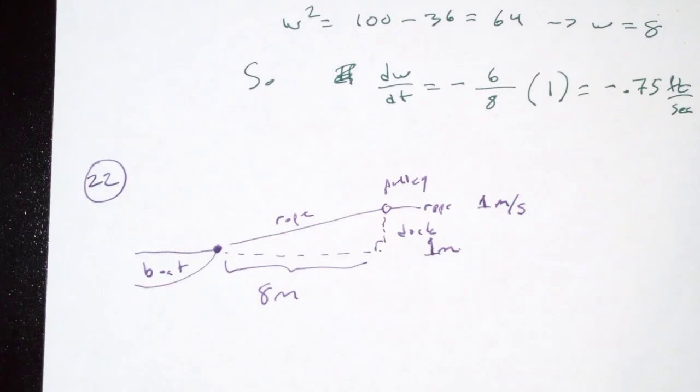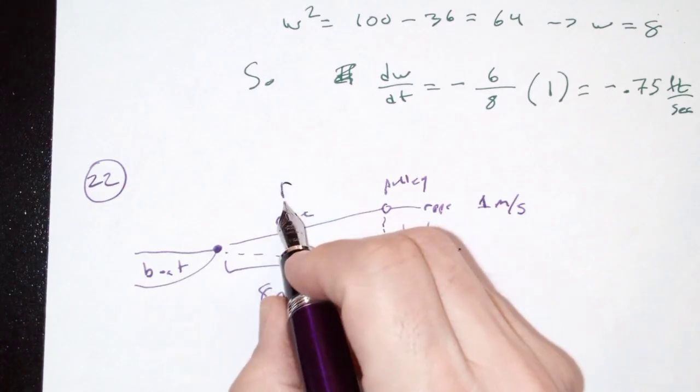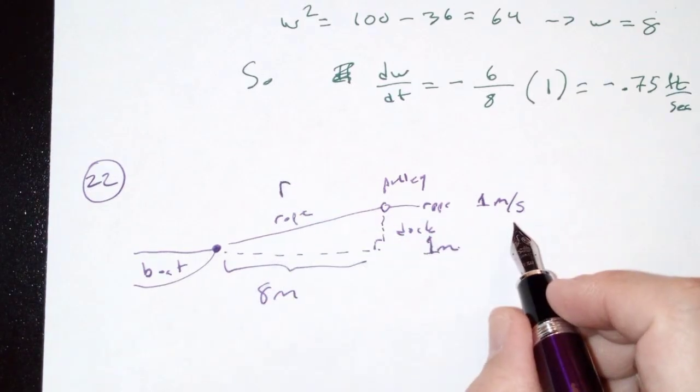But let's think about what we want to know in terms of what is changing. What things do I know are changing in this problem? Okay, so I need a letter for that. If it's changing, it's got to have a variable. So R for rope. And if that's R, then what's this?